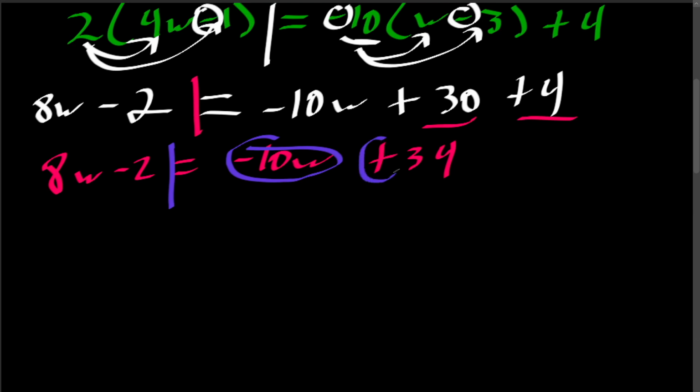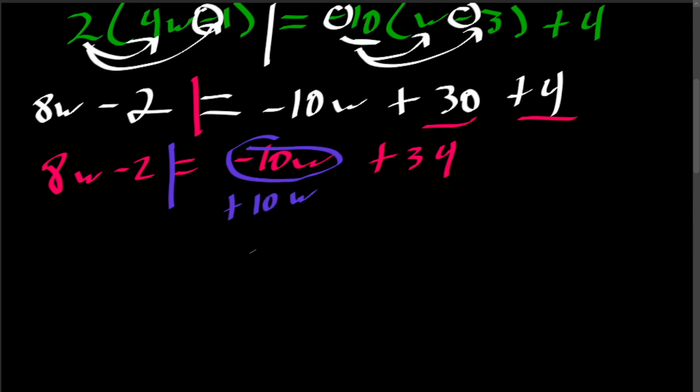Now, once again, if this is added, that means I need to either add or subtract something to this negative 10w. I need to add or subtract something to get that negative 10w to 0. What could I do? If I have negative 10w, what could I do with that?